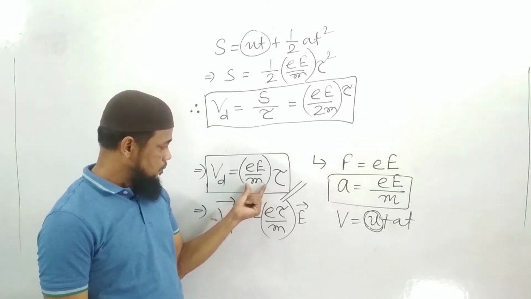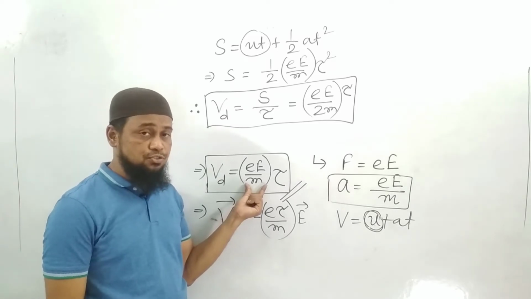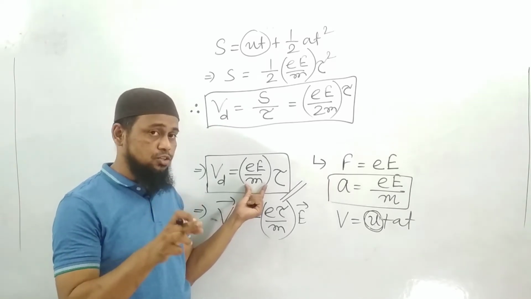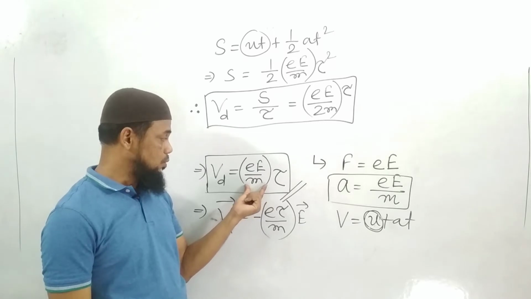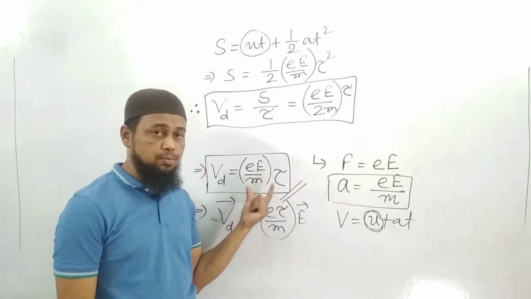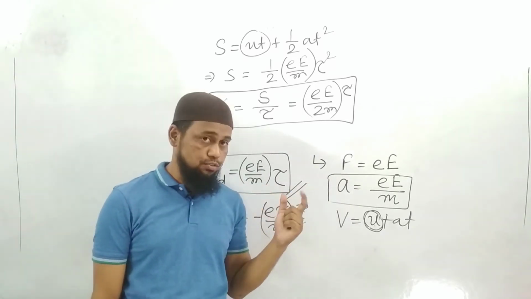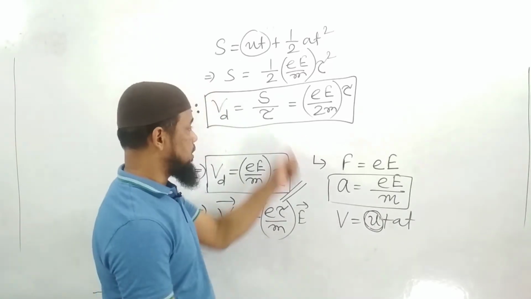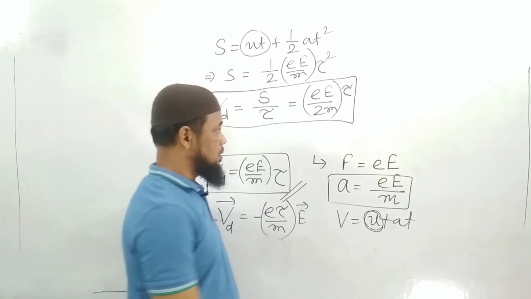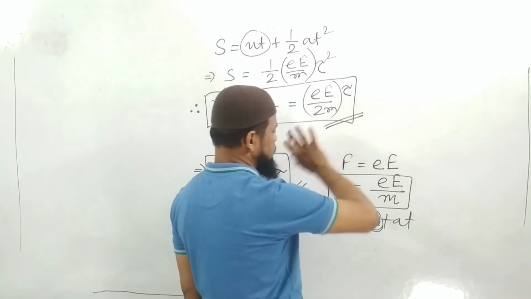Number two, since the expression is given in NCERT, and as far as your 11 and 12 syllabus is concerned, what is given in NCERT will be assumed to be correct from the exam point of view. So though it appears to be more convincing, according to many authors, this is wrong.